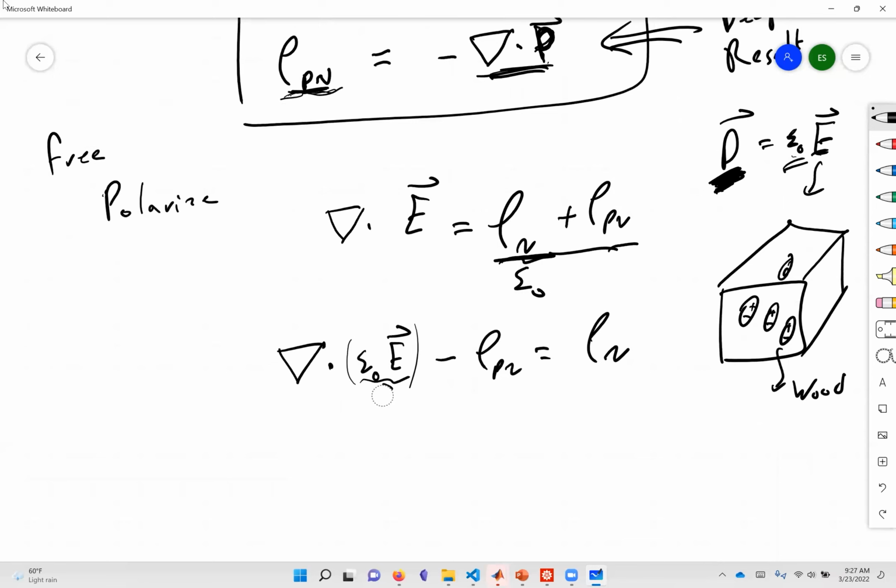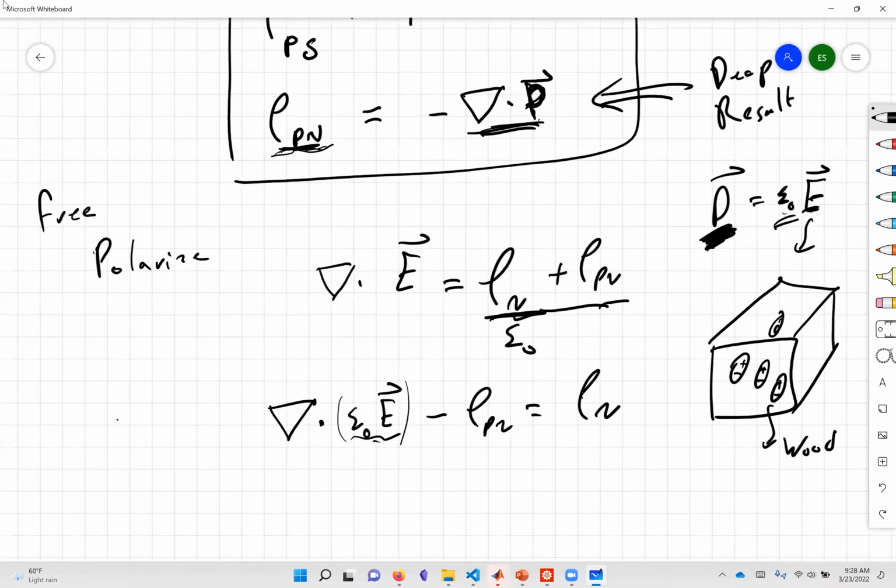Well, let's not call it D at this point. Epsilon naught E is the polarization of free space. If we are in free space, D equals epsilon naught E. If we are not in free space, D does not equal epsilon naught E. Epsilon naught E is just the polarization of free space. When you have material, you have an extra polarization due to the material.